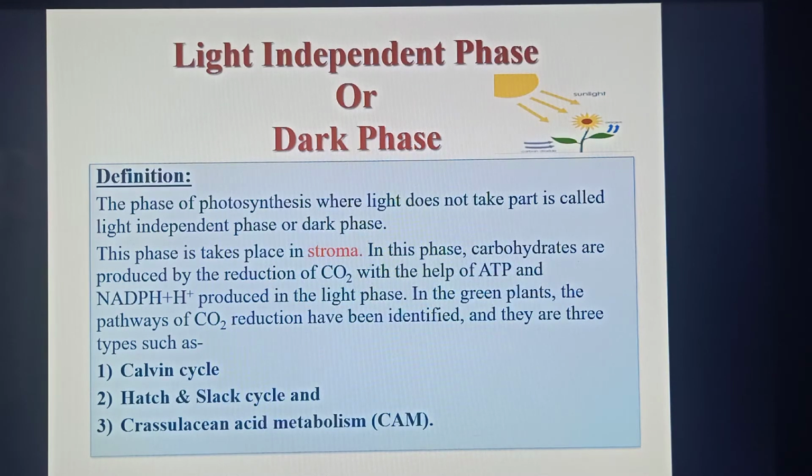In green plants, the pathways of carbon dioxide reduction have been identified, and there are three types: the Calvin cycle, the Hatch and Slack cycle, and Crassulacean acid metabolism or CAM cycle.